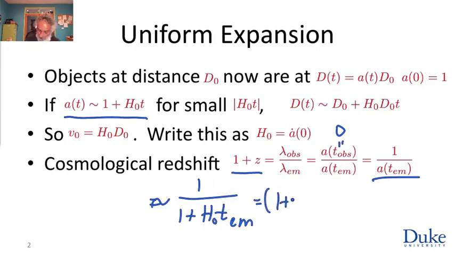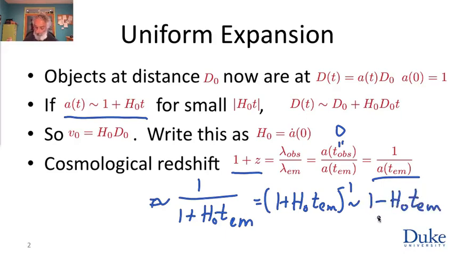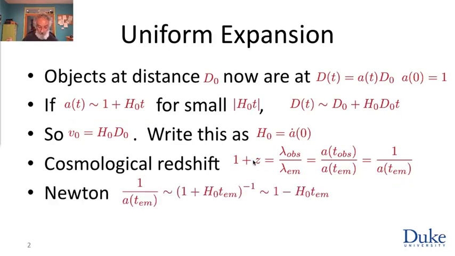This is 1 plus h0 t emission, quantity to the negative 1. h0 t, by our assumption, is much smaller than 1, so this is approximately the same as 1 minus h0 t emission. This is the Newton approximation to this expression, so let's write that out cleanly. Notice that t emission is negative, so this is a number larger than 1. We have a positive redshift. Life is good. There's that written cleanly.